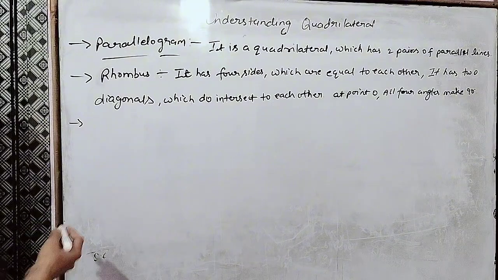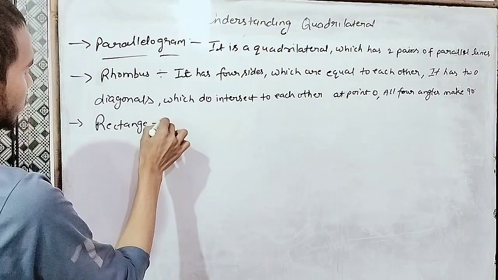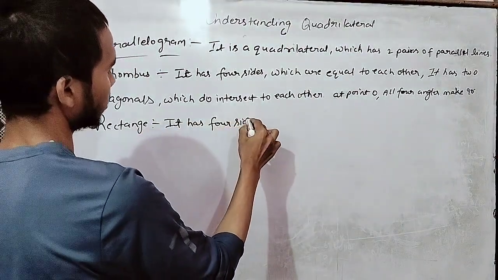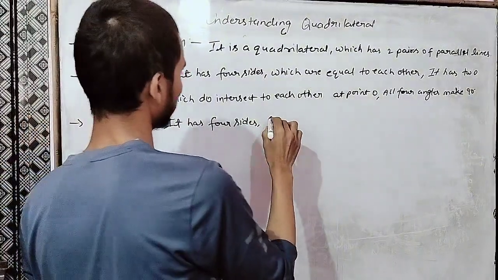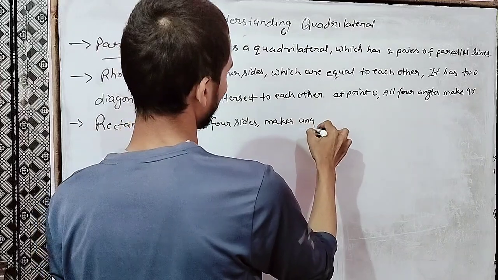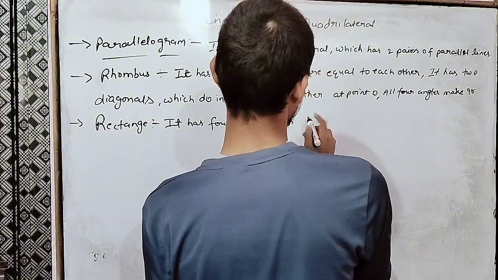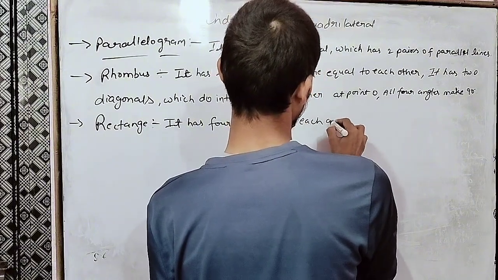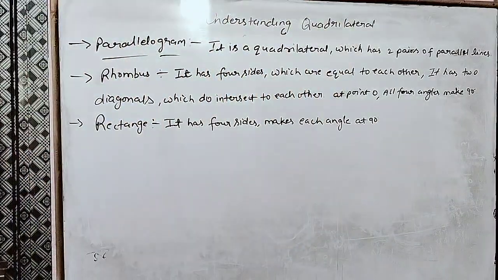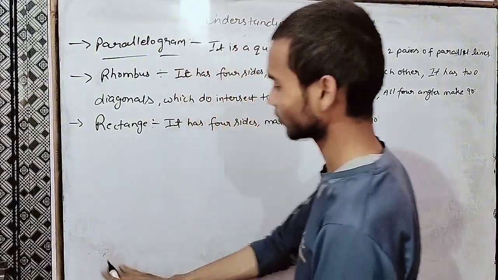After rhombus, what is next? A rectangle. It has four sides, and each angle is 90 degrees. Am I right? Okay.